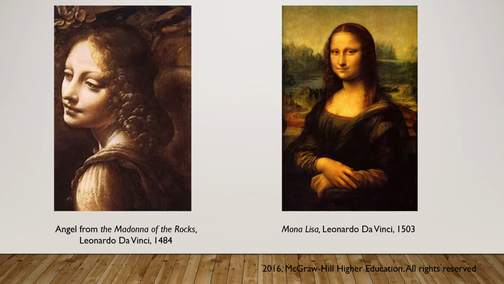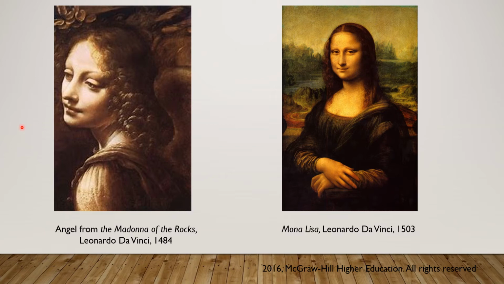Here are 2 artworks by Leonardo da Vinci. The one on the left is a part of the angel from Madonna of the Rocks. And on the right, obviously, Mona Lisa. Everybody knows her. The way they were able to get this subtle modeling, the face is a really difficult part of the body to shade correctly and use value correctly.